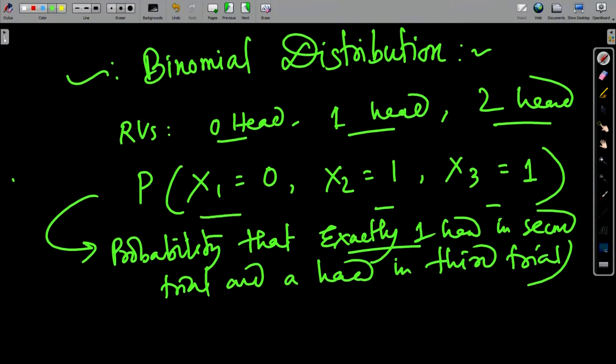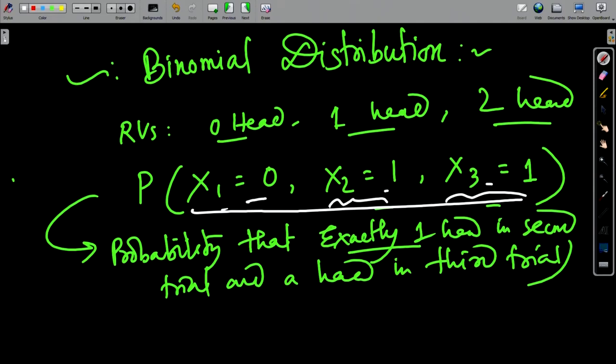If I am told that I am tossing the coin 3 times and I want the second and third trials to give me a head each, and the first trial to give me a tail, then I will represent that as this, with different values of x.